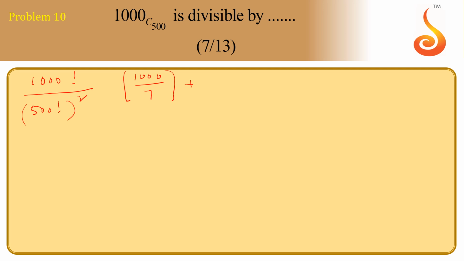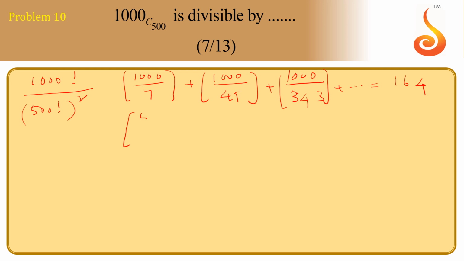1000 by 7, 1000 by 7 square, 1000 by 7 cube, and so on. 7 9s are 63, 7 4s are 28, like that, if you calculate, you will get 164.